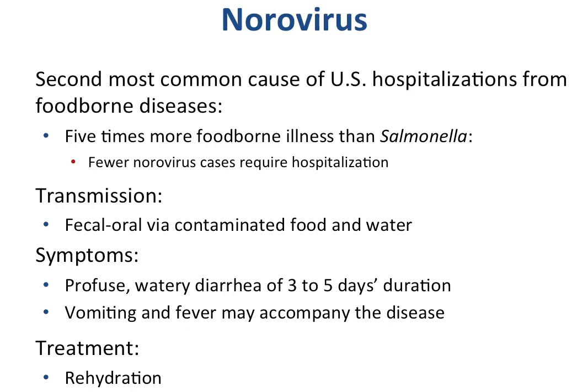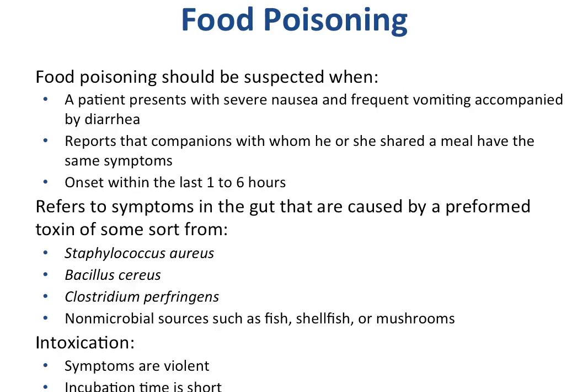The transmission is also by the fecal-oral route, through contaminated food and water. Symptoms are watery diarrhea, vomiting, and fever. The treatment is supportive therapy, so we provide the patient with plenty of water.